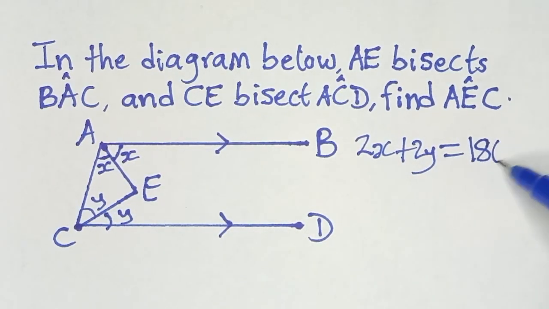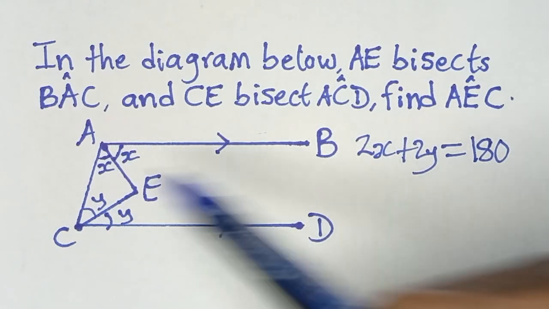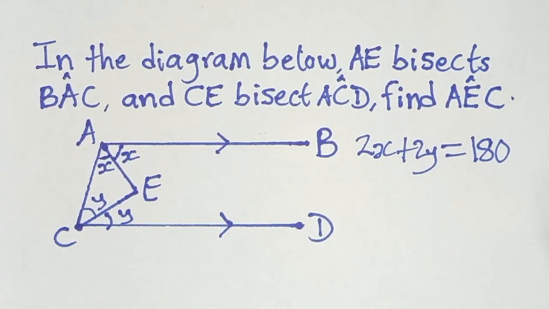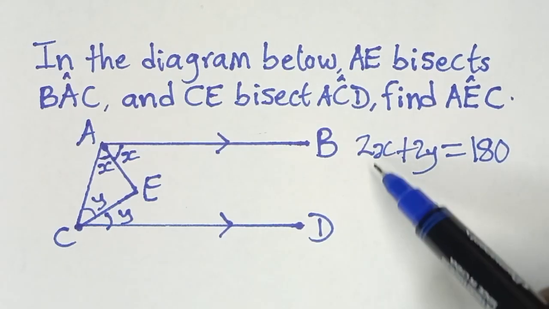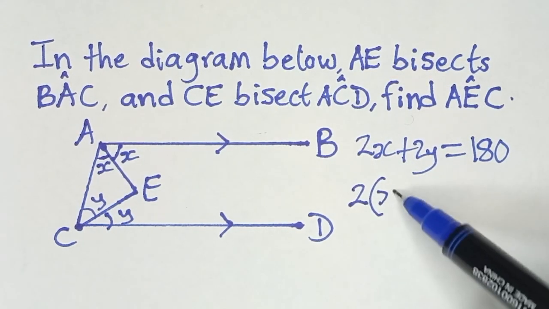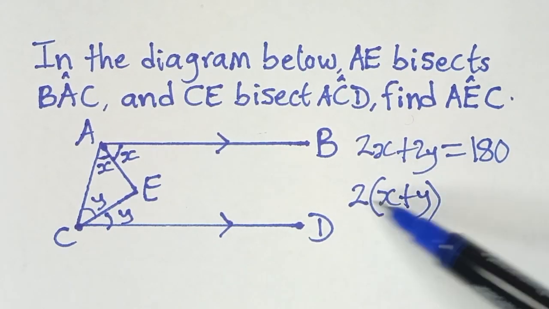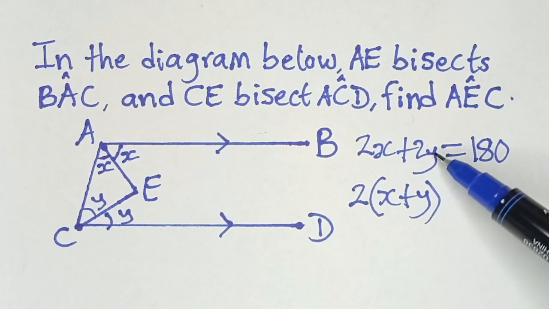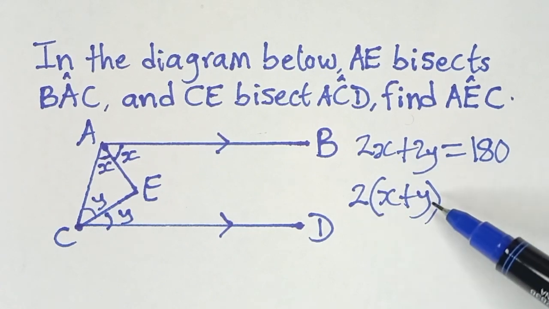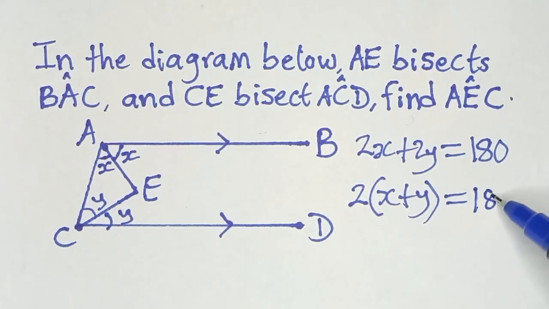So two angles between parallel lines like this sum up to 180 degrees. Now, if we factorize this, 2 is common, so I bring out 2 and write x plus y, because 2x divided by 2 leaves x, and 2y divided by 2 leaves y, and this is equal to 180.